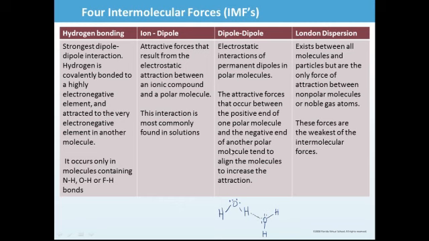Now, when we're trying to figure out which intermolecular force your chemical has, it is best to start with hydrogen bonding, and we can eliminate as we go left to right. Hydrogen bonding is very quick and easy to either say yes, the molecule has it, or no, the molecule does not have it.